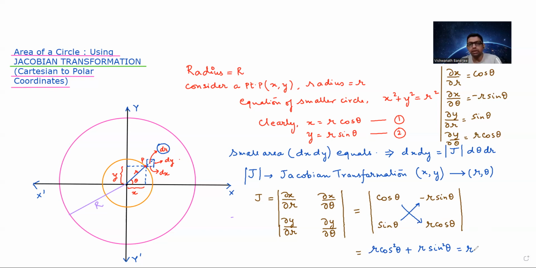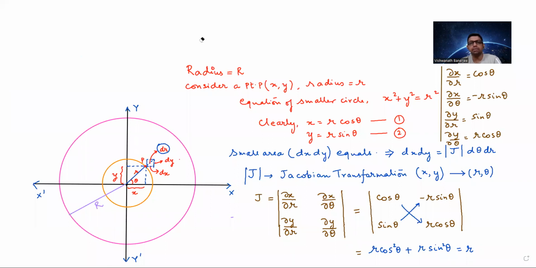Now I'll do the remaining part on this side. So let me rub this heading. Yeah. So we have found out what the Jacobian is. The Jacobian of transformation from xy to r theta is r, right?